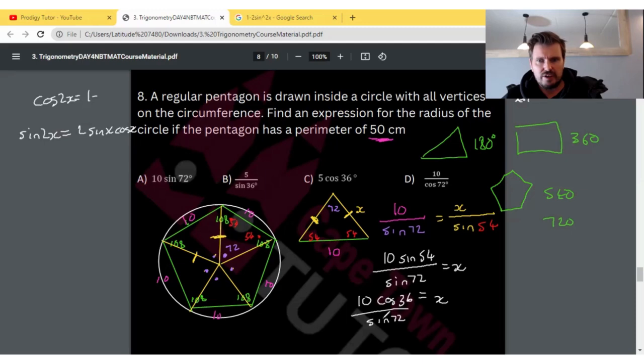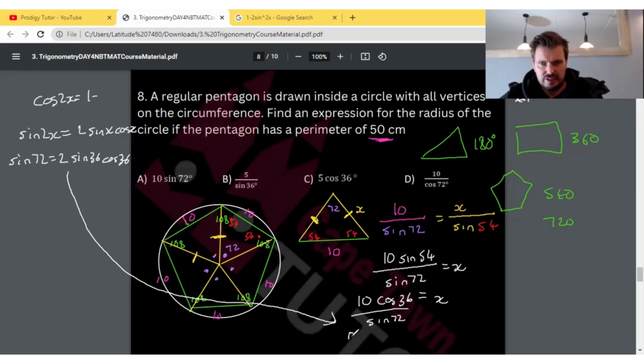So this bottom, sine 72, would equal 2 sine 36 cos 36. So we can pop that over there. So 10 cos 36 over 2 sine 36 cos 36.